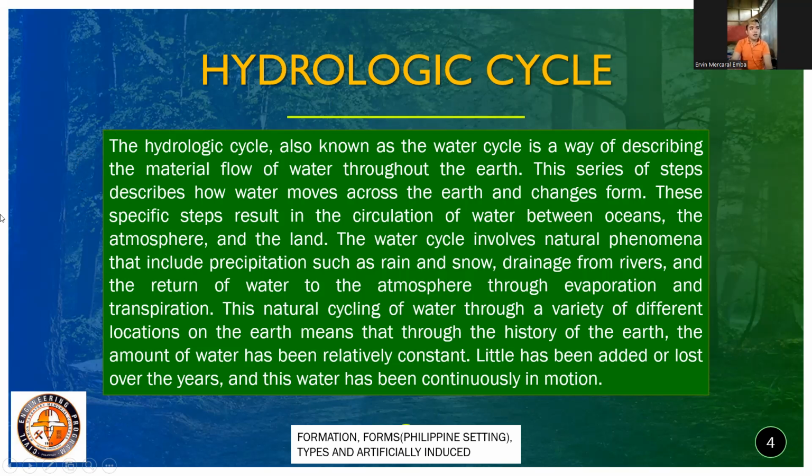So as we can observe, the water rises from the surface of the Earth.